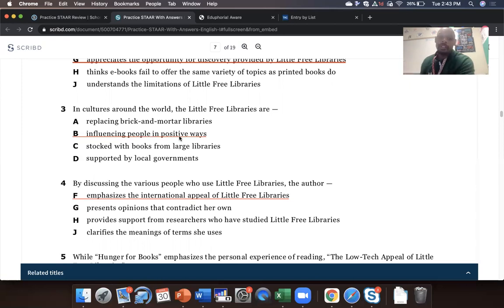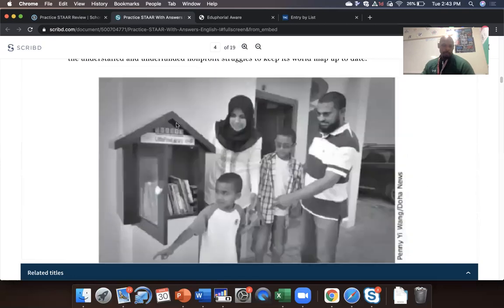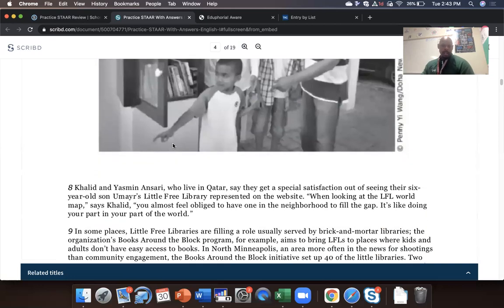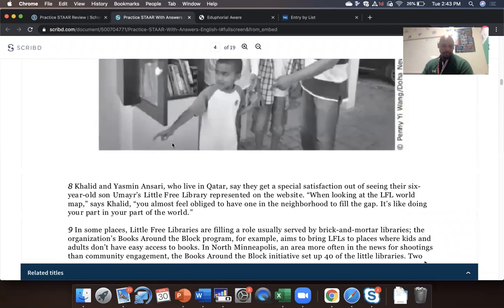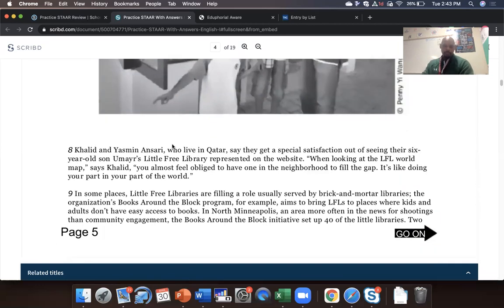With that being said, Ms. McLean, if we were to go back and look at the paragraphs, one of the things we could reasonably surmise is that there's no real mention of the replacement of brick and mortar libraries. You can pick any paragraph. Paragraph 8, paragraph 9. In paragraph 9: In some places, little free libraries are filling a role usually served by brick and mortar libraries.